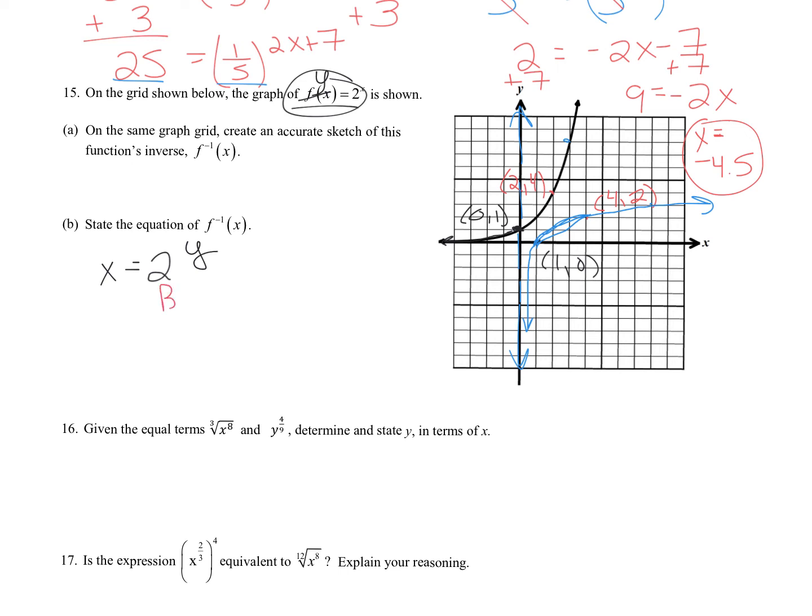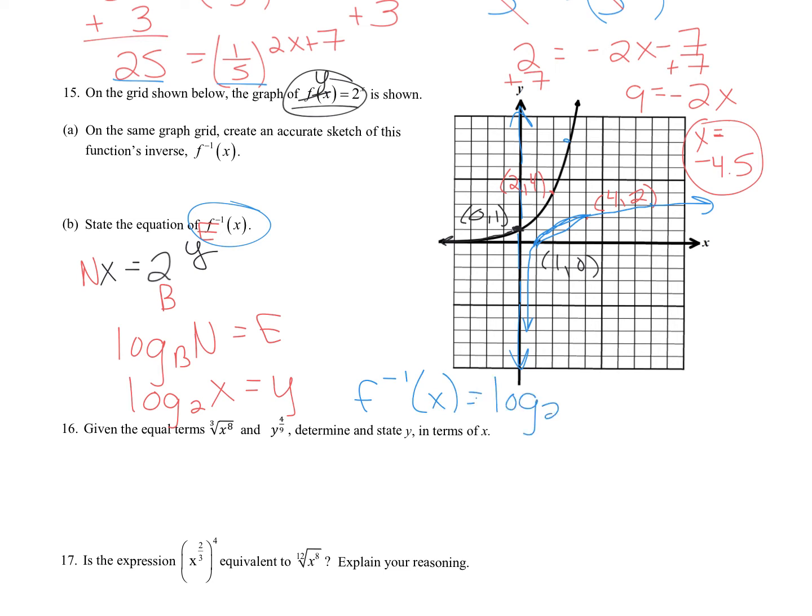So log, the base is 2, the number is x, and it's equal to the exponent, which is y. Now I ultimately want to write it in inverse notation, so f inverse of x equals log base 2 of x.